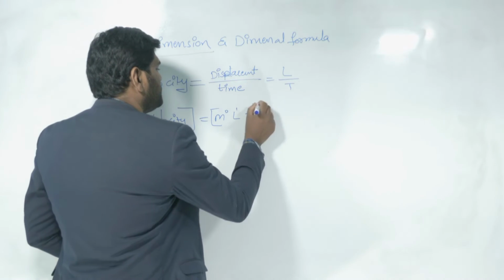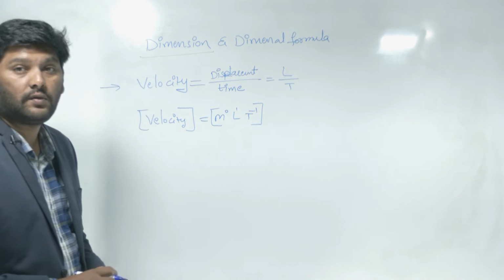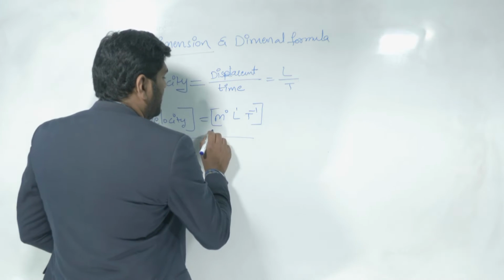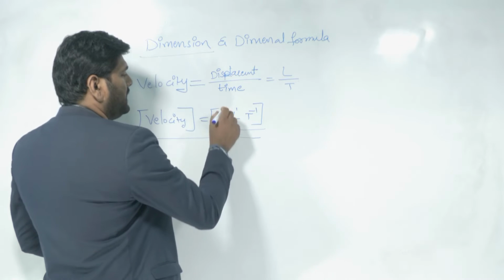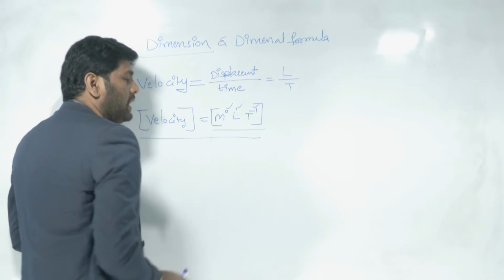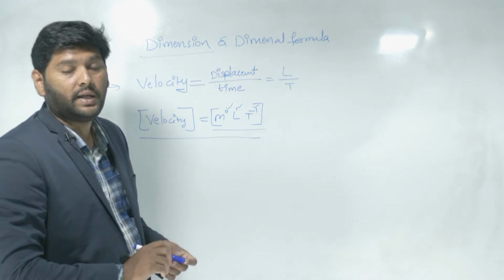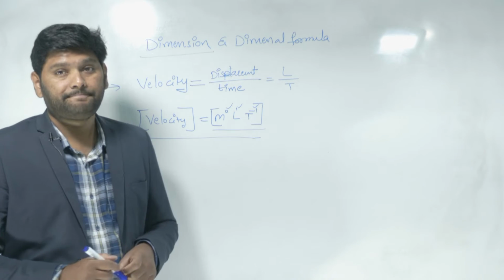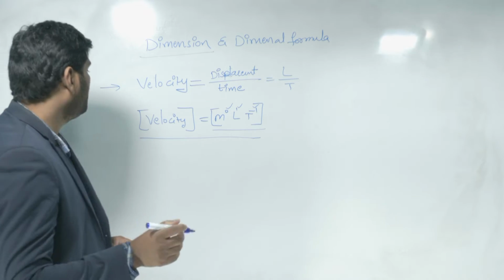So this is your dimensional equation for velocity, and this is the dimensional formula for velocity. These powers of the fundamental quantities are known as dimensions. Understand? Let me give one more example.